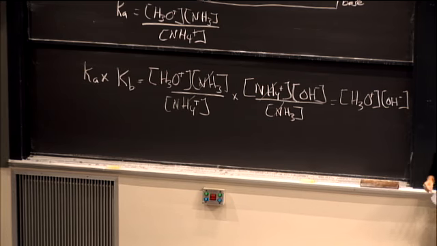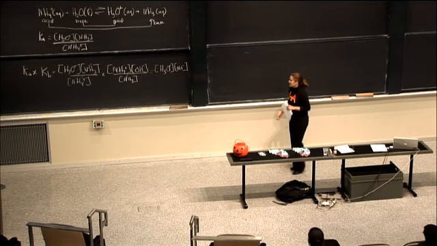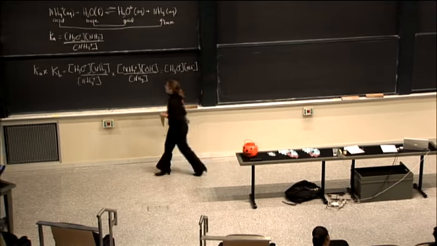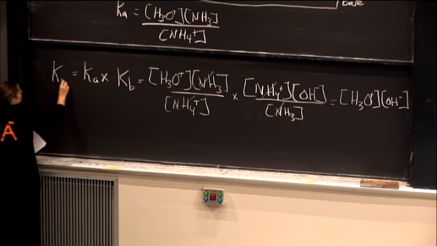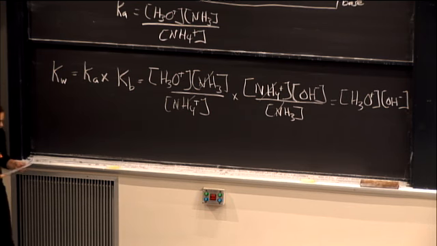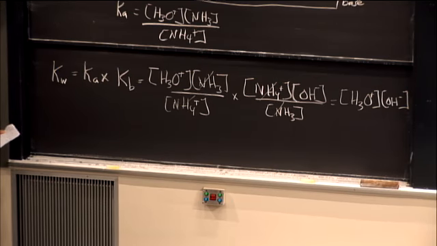What is this when you have hydronium ion times hydroxide ion? What is that called? It's another K. Kw. So we just showed that Ka times Kb equals Kw. So we can take the logs of all our K terms here.